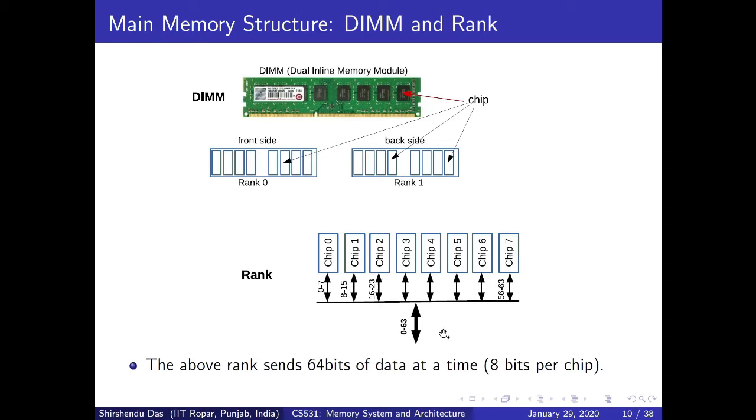Combining all these 8 bytes, or 64 bits, will be transferred by this rank. If a read command is given to this rank, all the chips will perform this read command simultaneously, and each chip will send 1 byte of information. Then all 8 bytes will be merged here and this 64 bits of information will be transferred outside this rank.